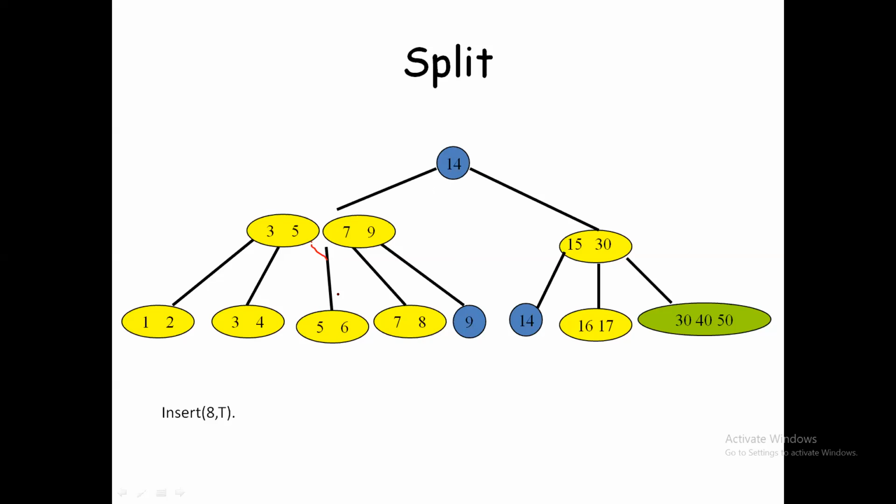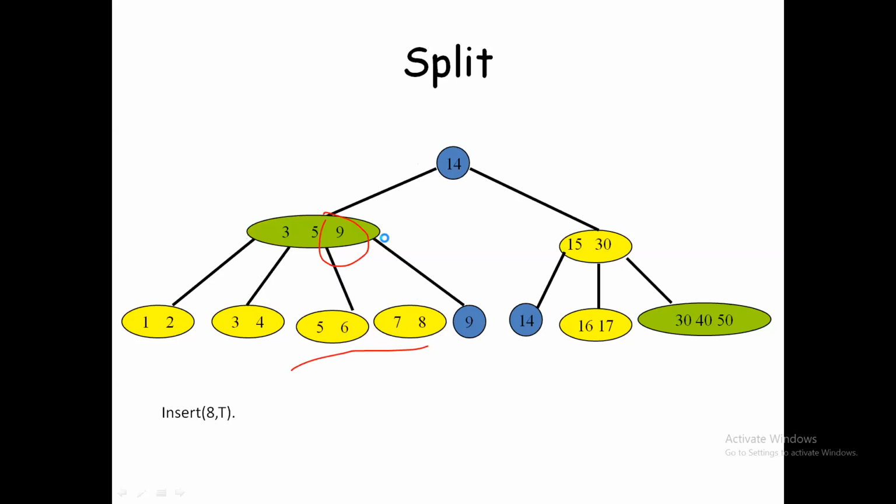After splitting a node, what should I do? From the 4 elements, I have to move one element to the root, either from this node 3 5 or from 7 9.